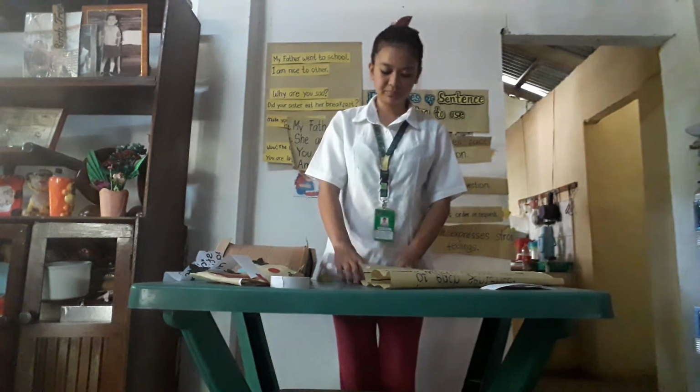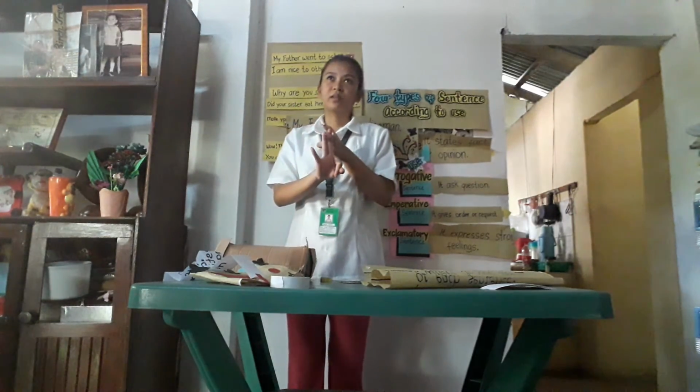So always remember, or as a conclusion, we have four kinds of sentences according to use: the declarative sentence, the interrogative sentence, the imperative sentence, and the exclamatory sentence. So all of them begin with a capital letter and end with punctuation. In declarative, it ends with a period because it aims to explain or to state facts or opinion. Then in interrogative, it ends with a question mark because it aims to ask question.